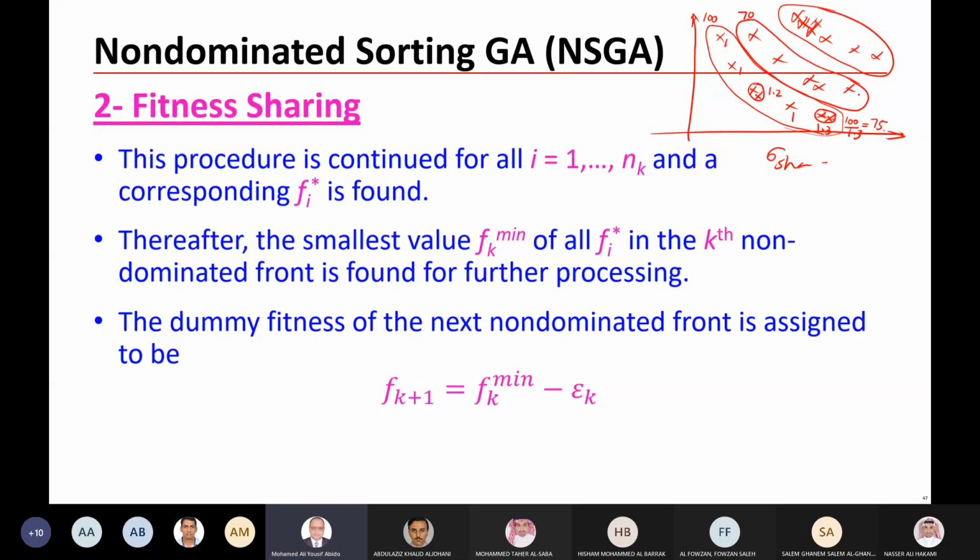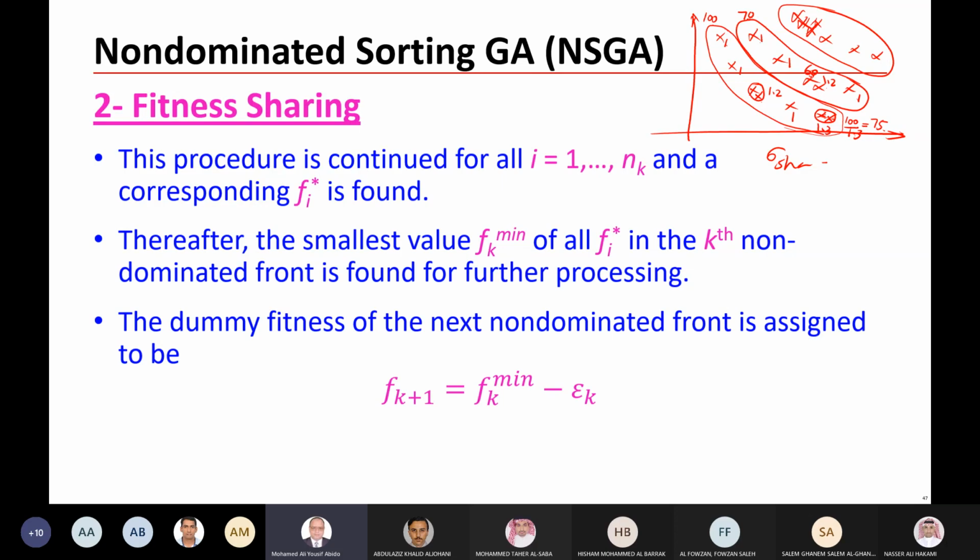And then I will do the sharing here also. This one is 1, nothing in the neighborhood. This one is 1, this one is 1, this one is 1.2. You will divide 70 over this, 70 over 1.2. So the minimum is here, like, for example, 70 over 1.2, so about 60.